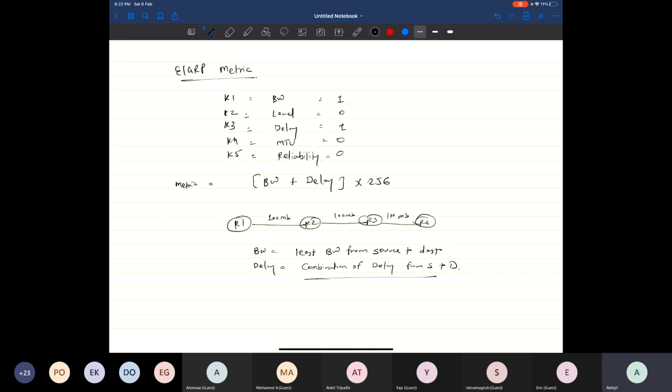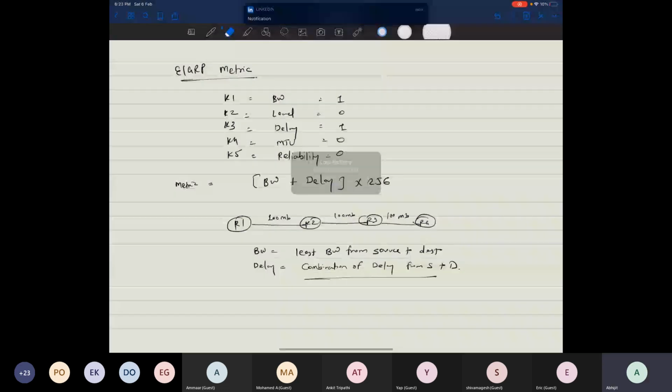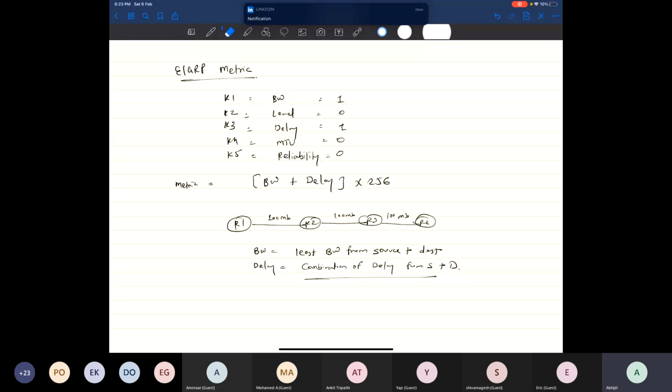For example, for a Fast Ethernet 100 Mbps link, let's say the delay is around 100 milliseconds. There's going to be 100 milliseconds here, 100 here, and 100 here. So in total it's going to be 300 milliseconds.